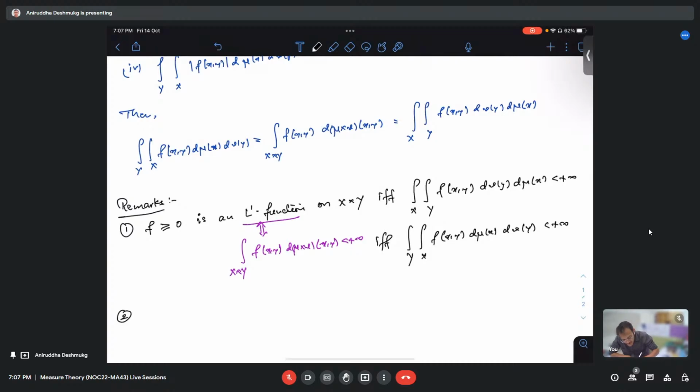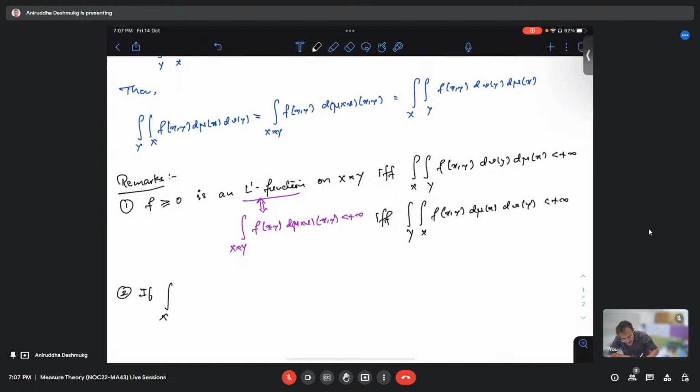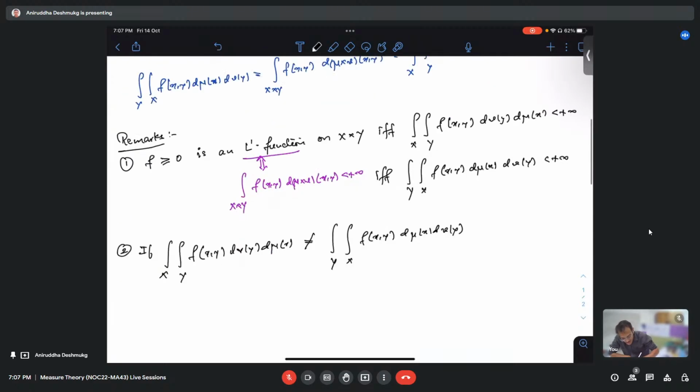Secondly, if integral over X, integral over Y of f(x, y) d mu y d mu x is not equal to integral over Y, integral over X of f(x, y) d mu x d mu y, then f cannot be in L1.